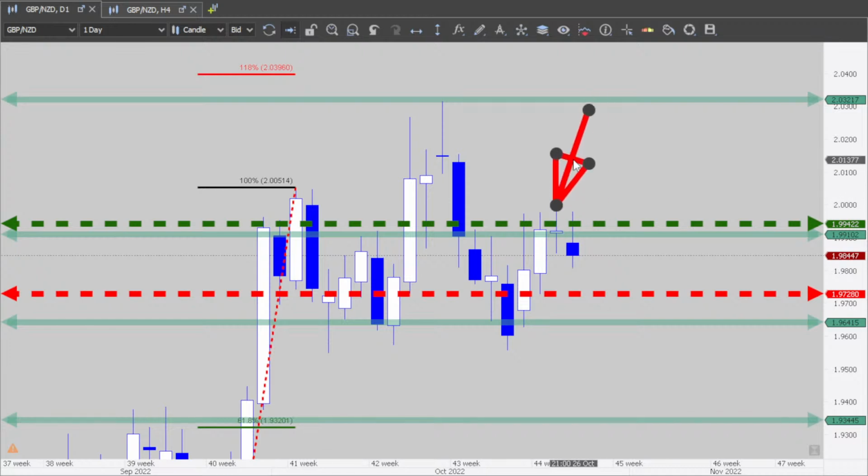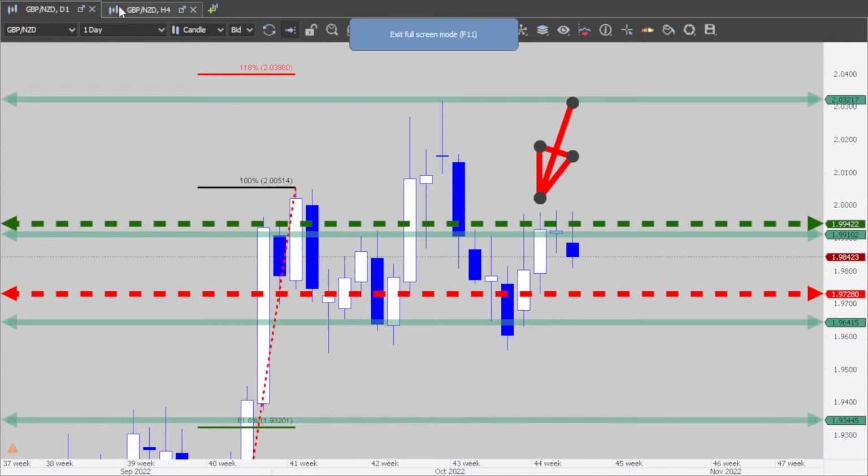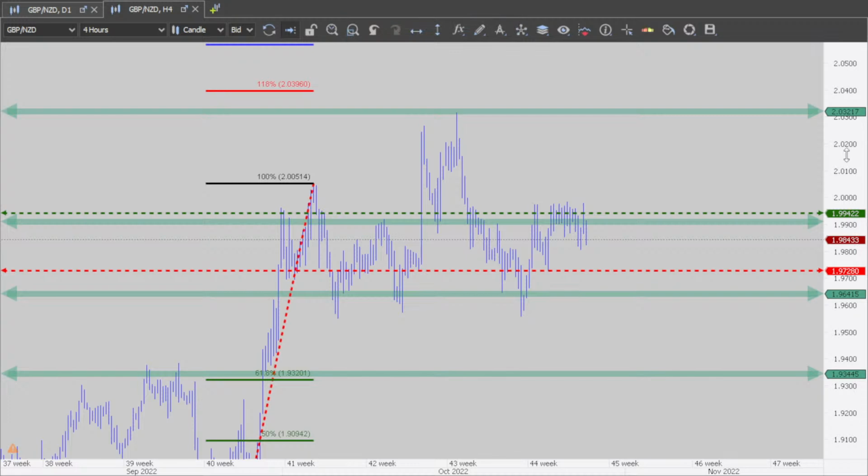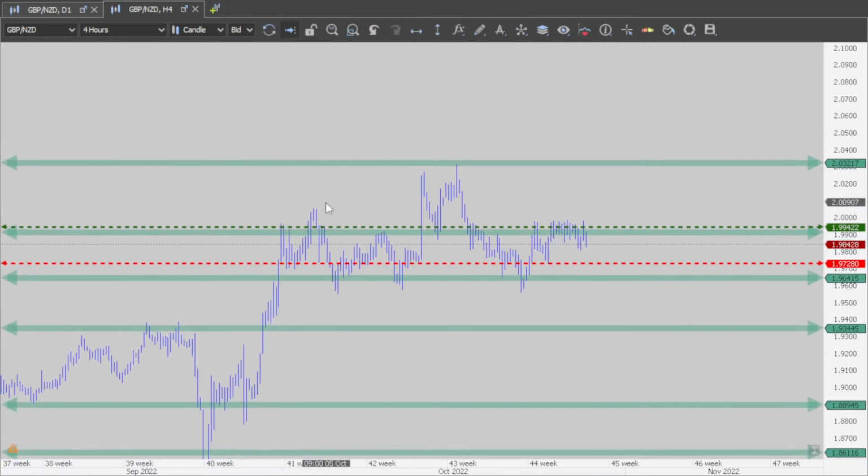This was yesterday. And if he entered yesterday, he was looking at the previous one, right? So did he obey the rules? So if this was yesterday's trade, he was looking most likely at this one. So the answer is yes, right? He obeyed.